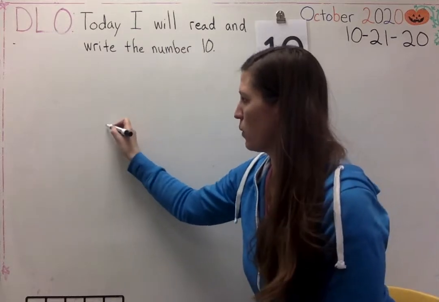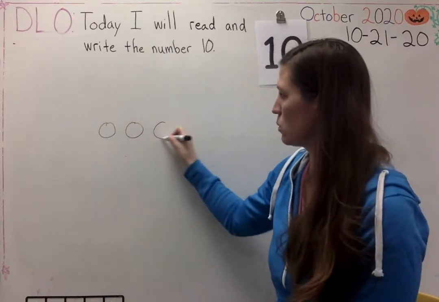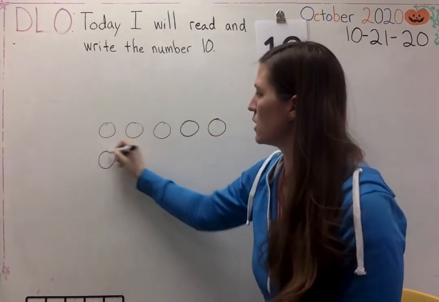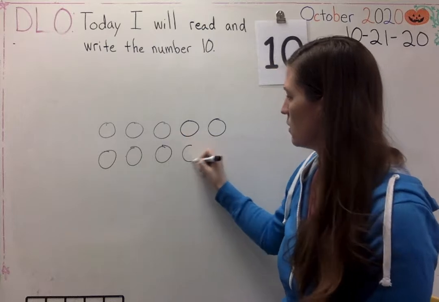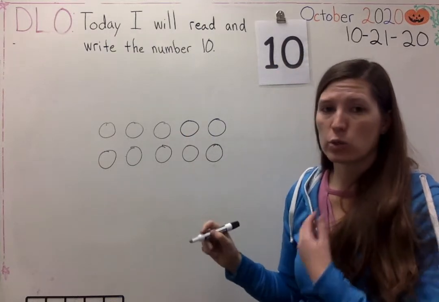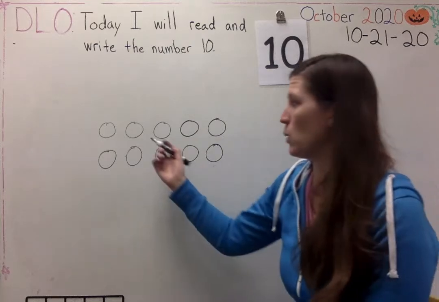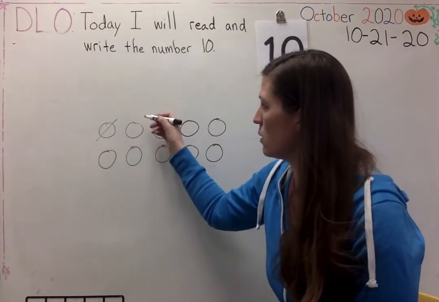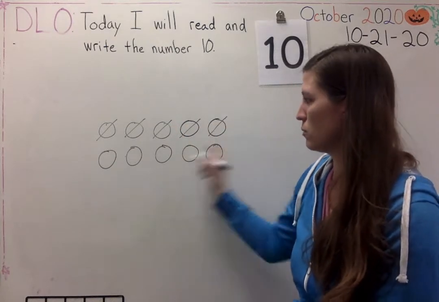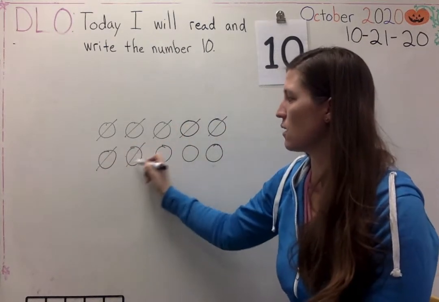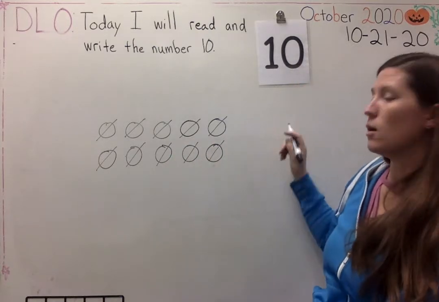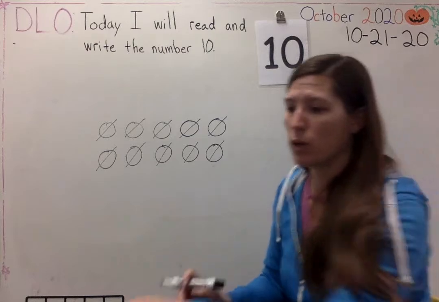So when we have 1, 2, 3, 4, 5, 6, 7, 8, 9, 10. When I count these objects, I'm going to use my crossing out method. That's my favorite. Watch me. 1, 2, 3, 4, 5, 6, 7, 8, 9, 10.